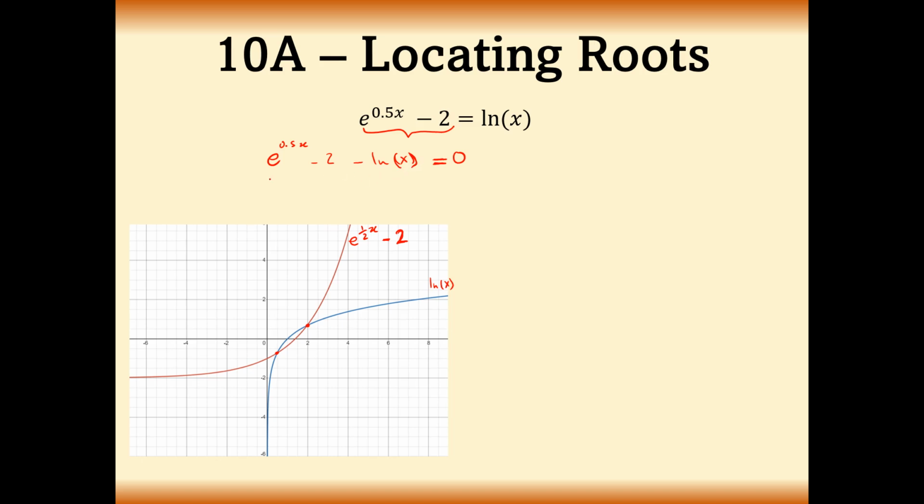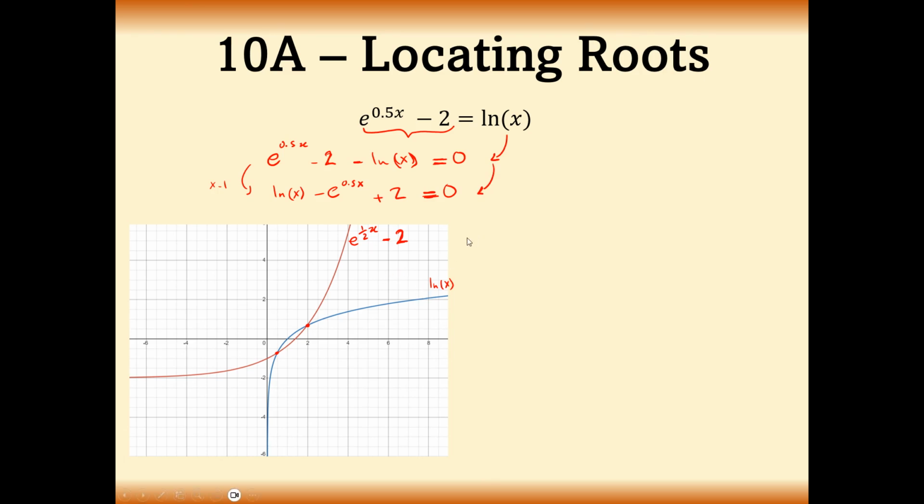We could simply multiply everything by -1 and write logarithm of x, subtracting e to the power of half x, and adding 2, which would also equal 0. There is no right or wrong way. I'm not calling it a solution; I'm saying these are two forms of rewriting the same equation.